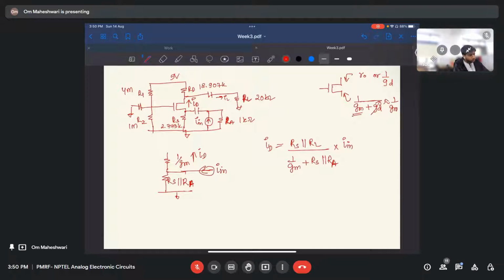So now we have found this current. Now it will again divide here and here. We are interested in this component since we want to find the output voltage here. So let us call this IL. Again by current division, IL will be RD by RL plus RD into ID.